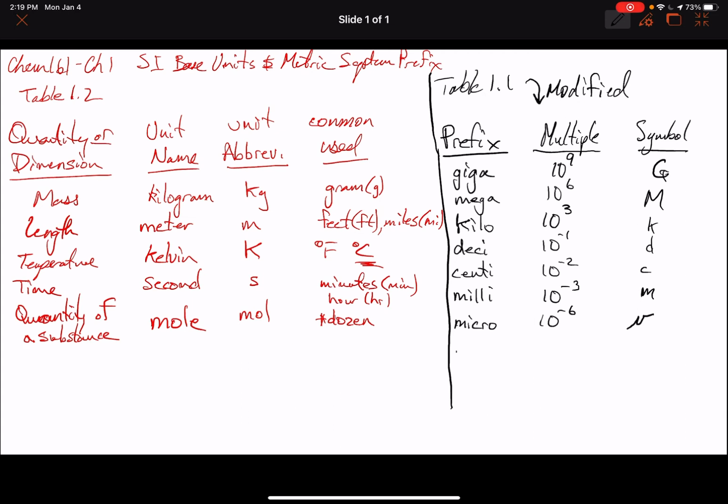Now we're into nano, and we'll have a 10 to the minus 9 here, and we'll use symbol lowercase n. We'll have pico. This will be 10 to the minus 12. We're going to put a P there.